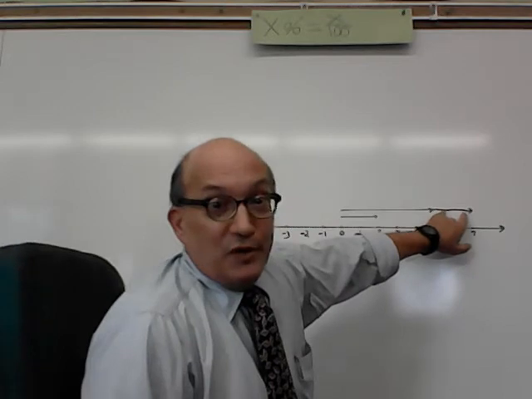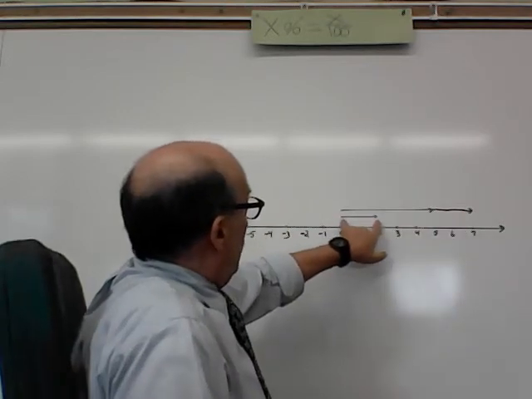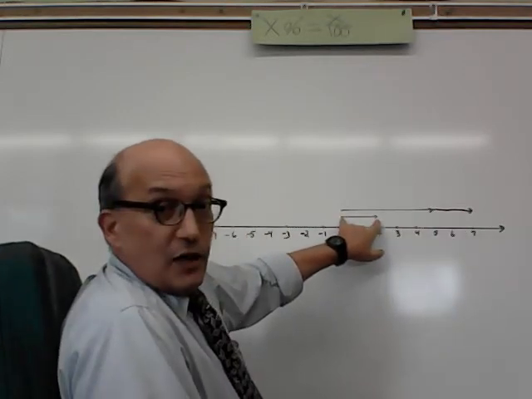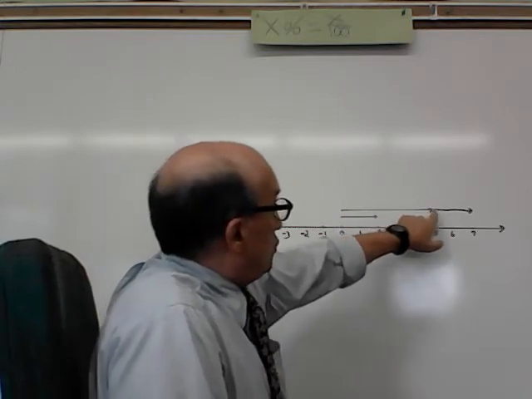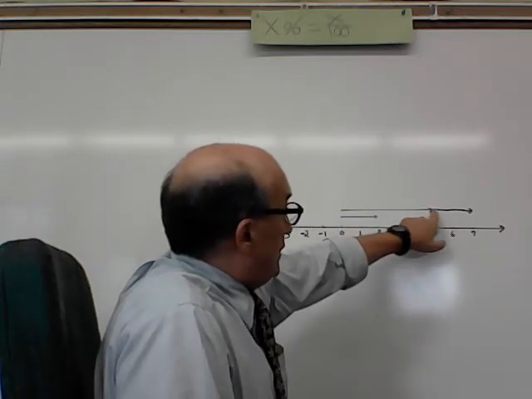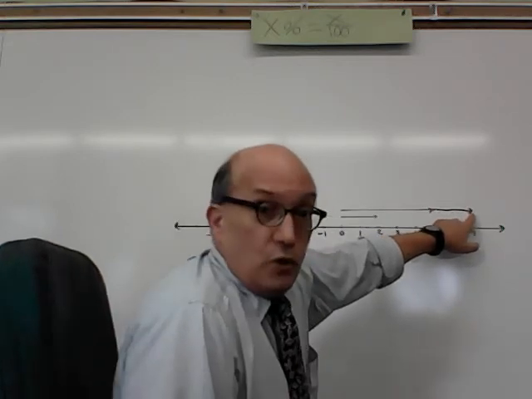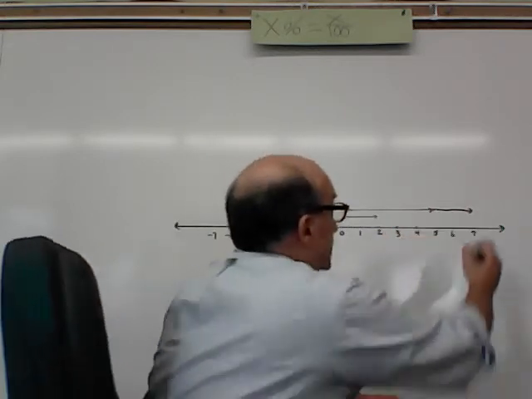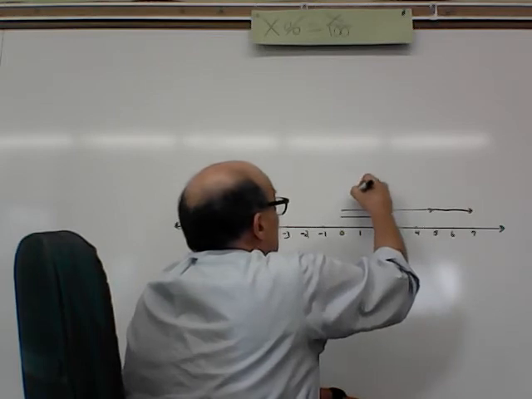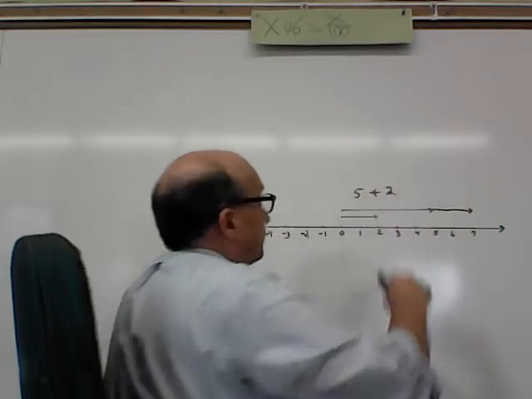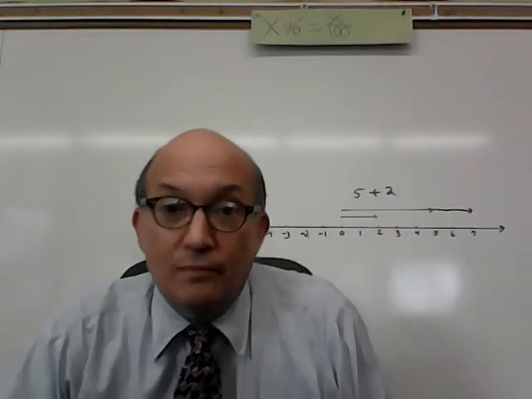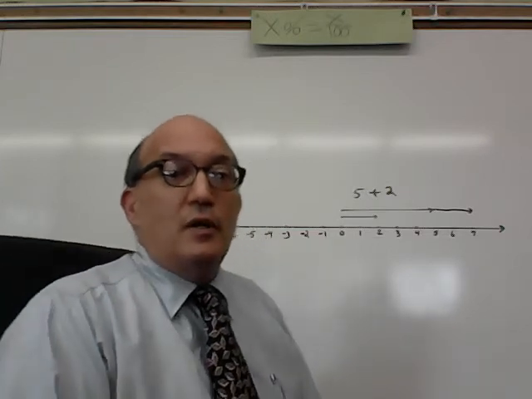I didn't use a ruler there, so it's a little shaky, but what I've done is I've translated or moved this vector so that its beginning point is at the end point here, and of course it goes 2 units further to the right and ends up at 7.